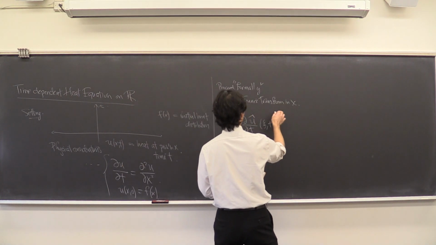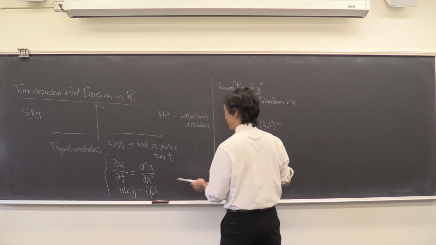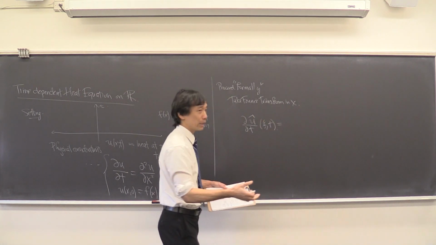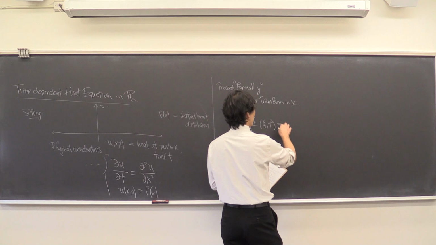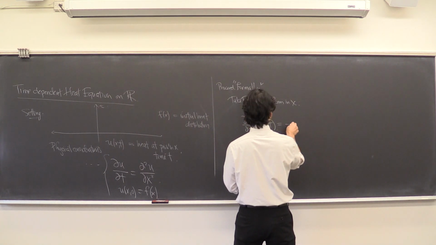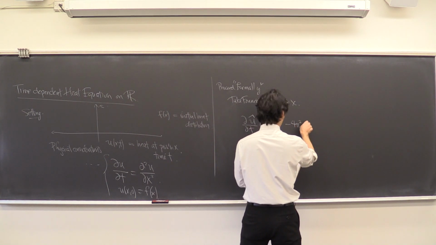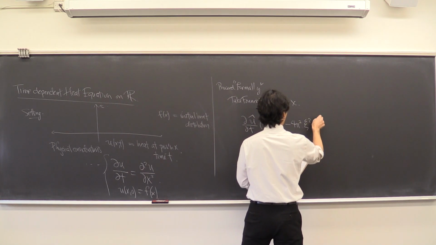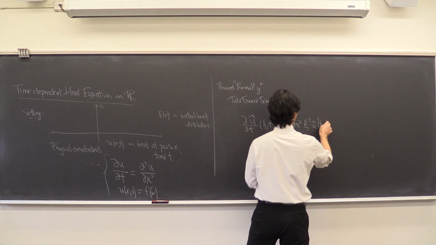This hat is the Fourier transform in the first variable, and then on the other side, we're differentiating with respect to x, and so when you take the Fourier transform of the derivative, you multiply it by 2 pi i xi, so you get the square of that. So you get negative 4 pi squared xi squared u hat of xi, t.